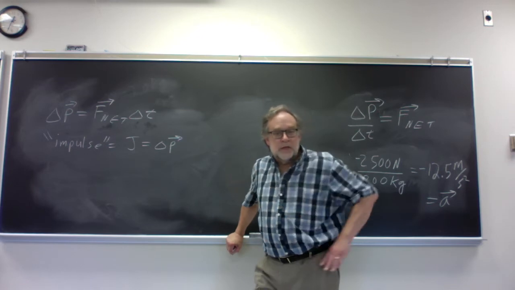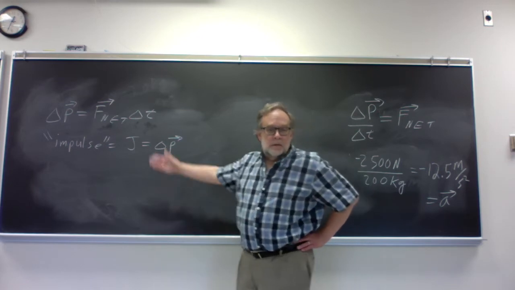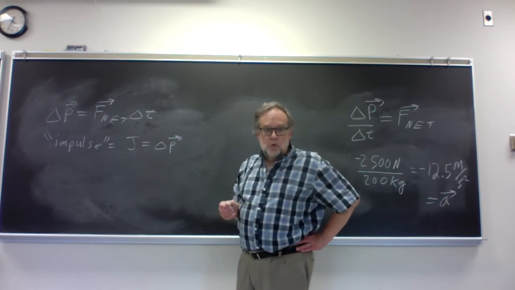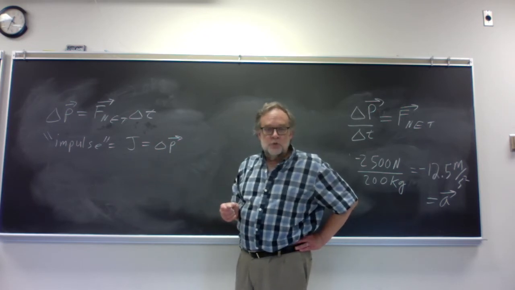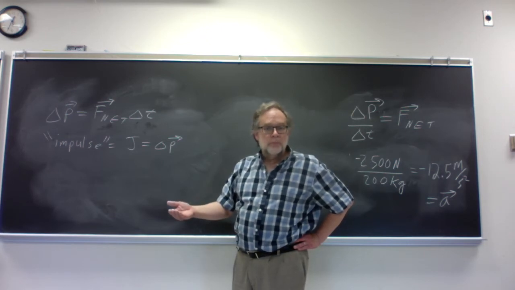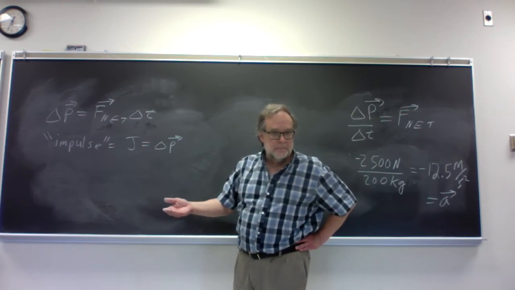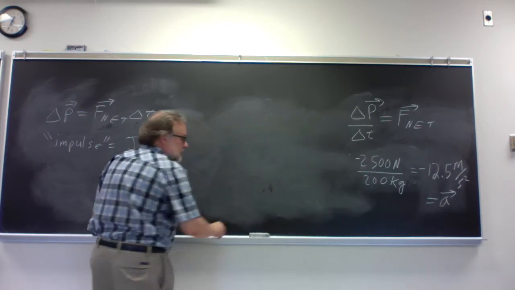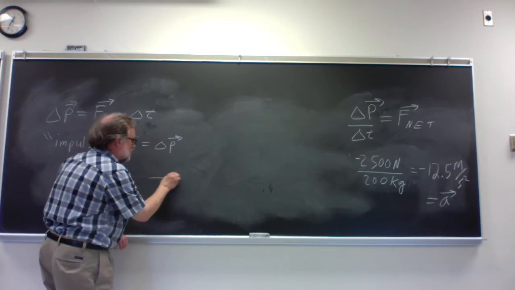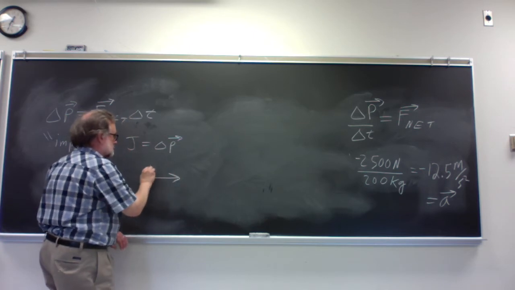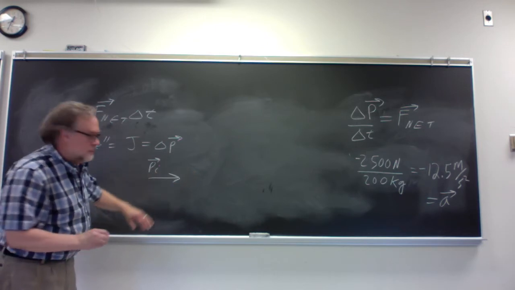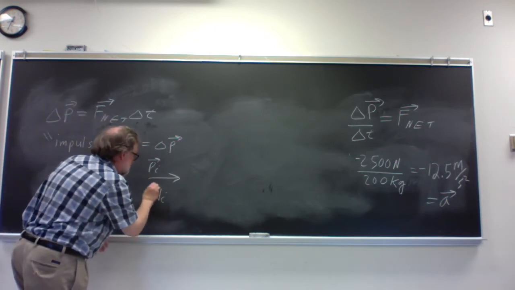This is also the principle behind airbags. What happens when you come to a sudden stop is that you lose all of the momentum that you previously had. So an instant before the collision, you've got some momentum in the same direction as your velocity.